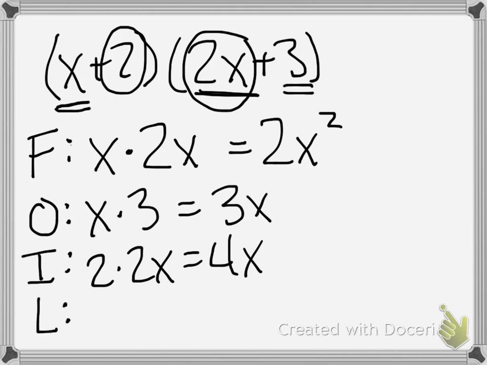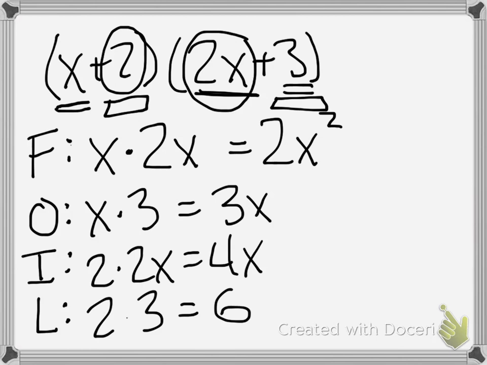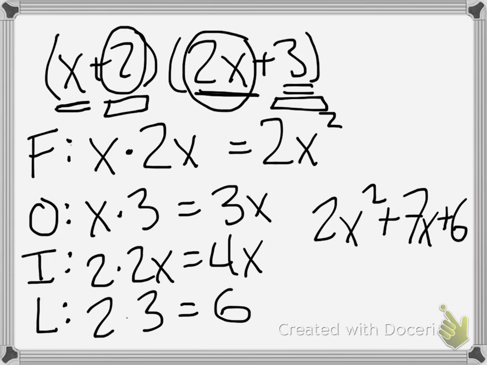And then last is L for last. The last one in each of my binomials is the 2 and the 3. 2 times 3, that's 6. So again, I have 2x squared plus 3x plus 4x plus 6. 2x squared plus 7x plus 6.